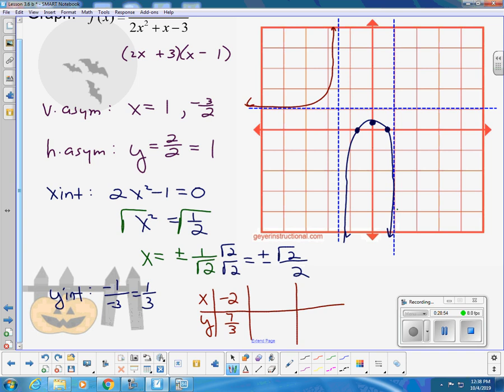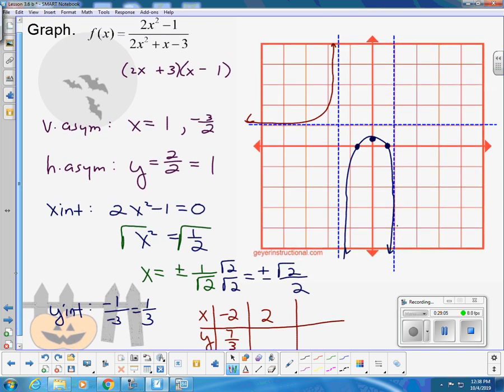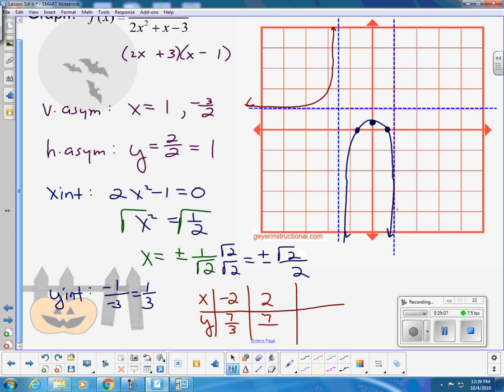Okay. If I put in 2, I get 7 over 7, which equals 1. That doesn't tell me anything. So go closer to the asymptote. Let's put in 1.5, and you can use your calculators. Figure this out. Put it in the original function.